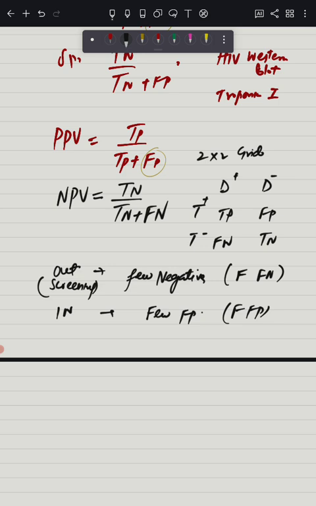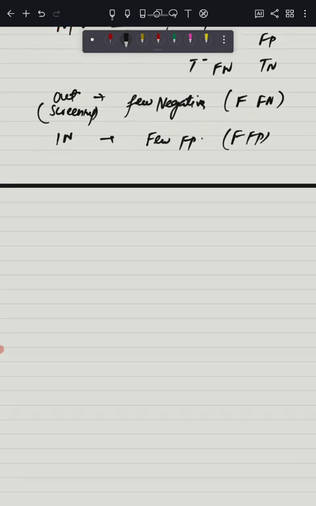Now we'll discuss some other statistical measures. One is relative risk. The definition: risk is probability. So it is the probability of an event, for example disease, in the exposed compared to unexposed.